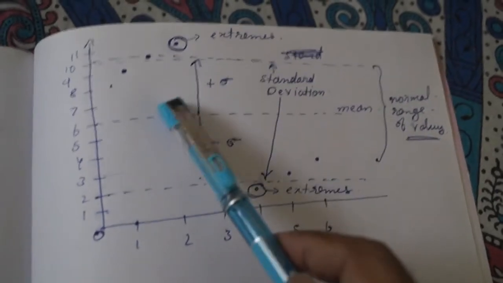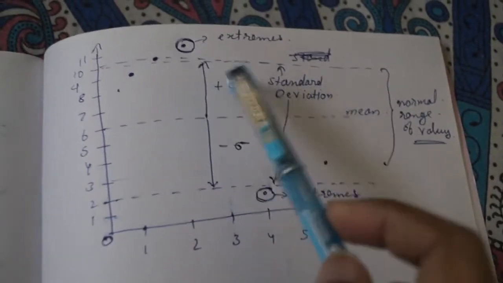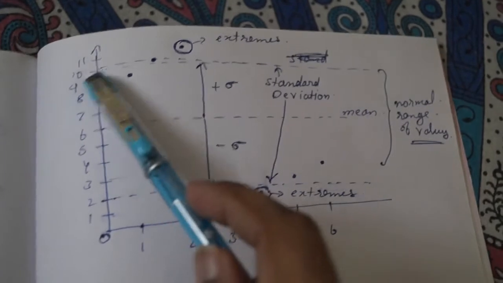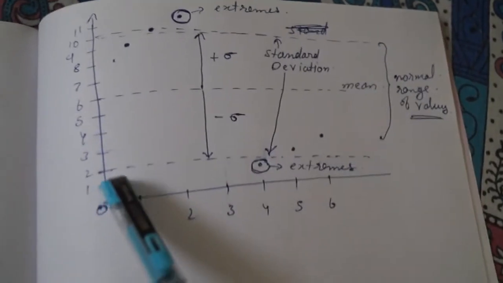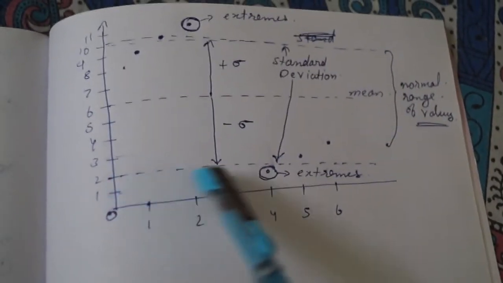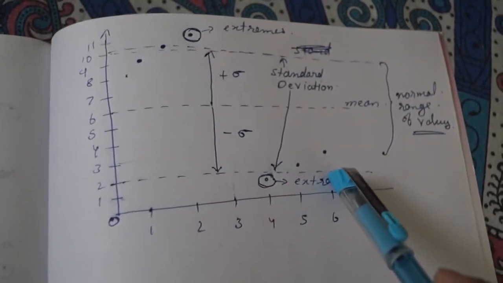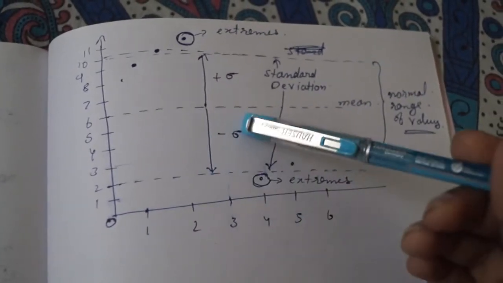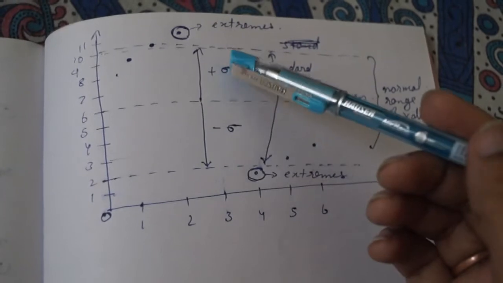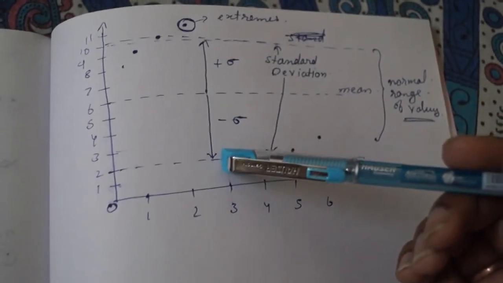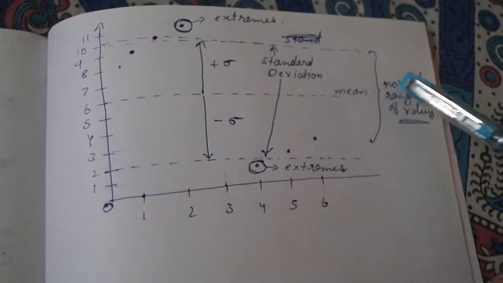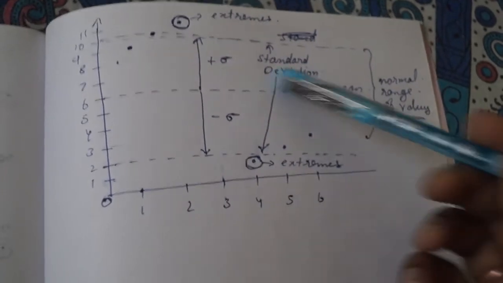By adding the standard deviation to the mean, we get this upper line, and by subtracting it from the mean we will get this lower line. So whatever values come in between these two lines are the normal range of values of that data set.